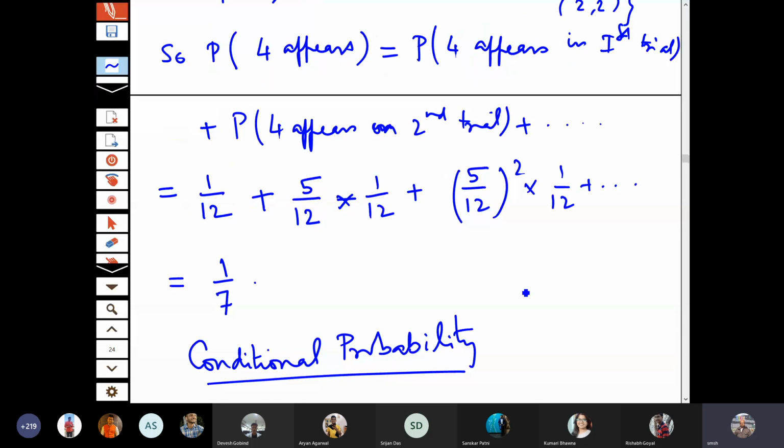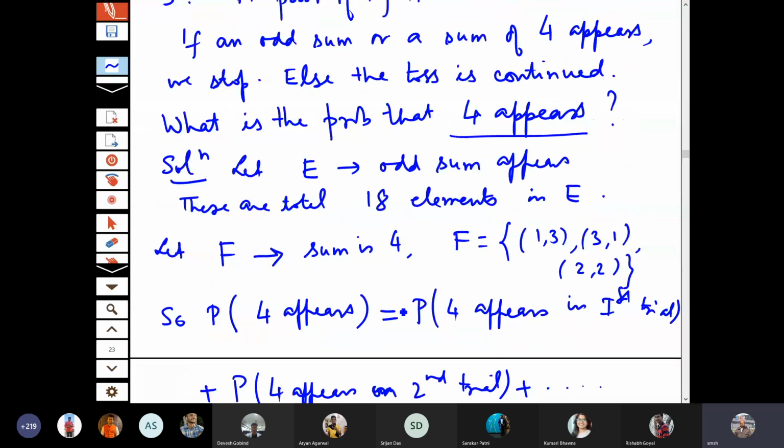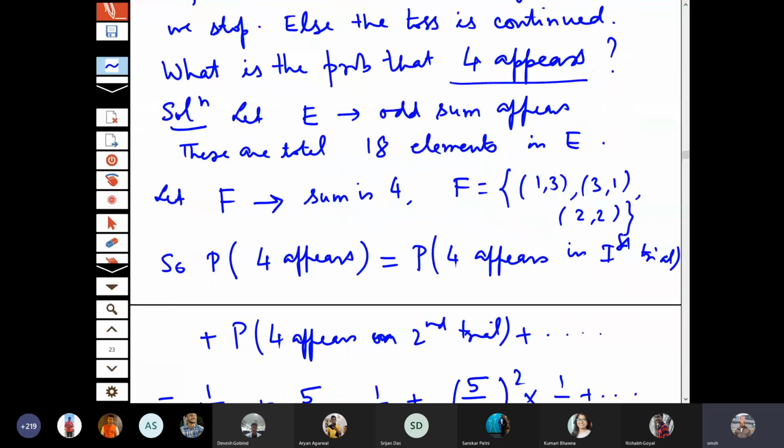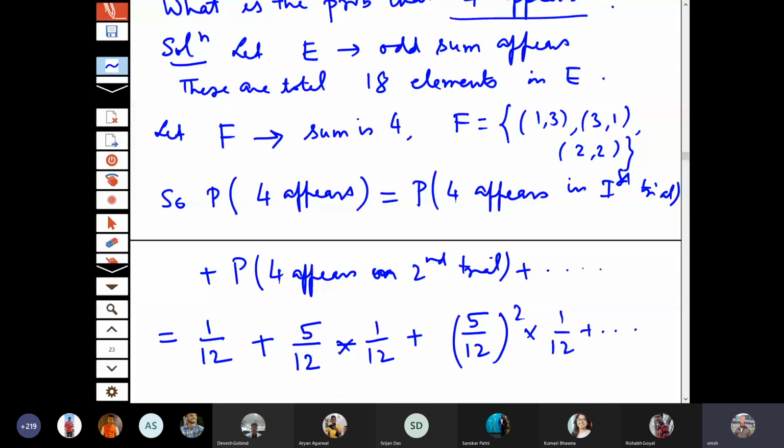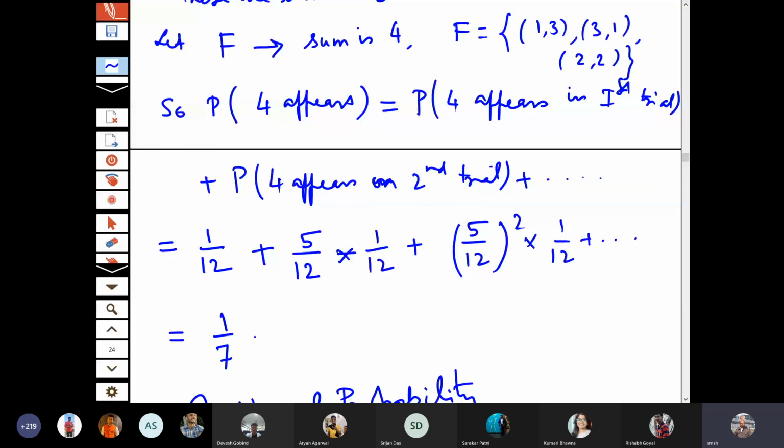If in this problem I had asked what is the probability that 4 appears, then your answer will be simply 1 by 12. But what I am saying now is that the sum of 4 appears in any trial. So that means I am extending the event. So now let us look at the second part of it.